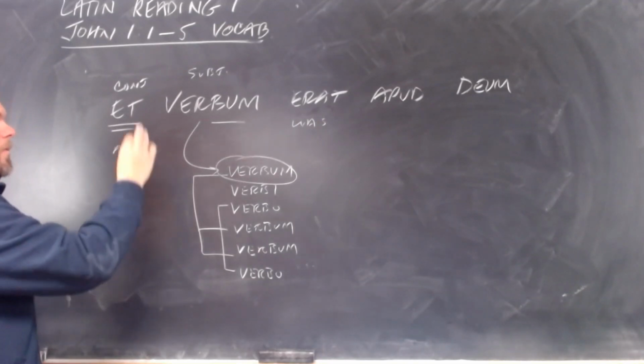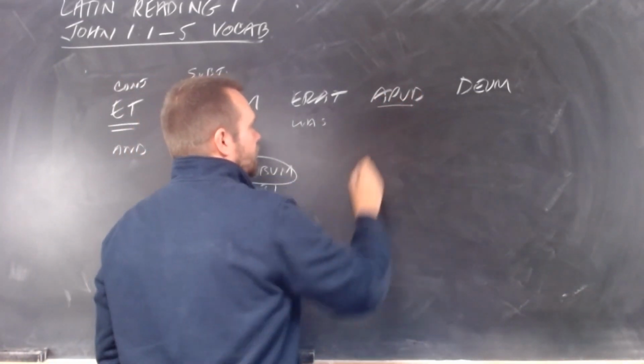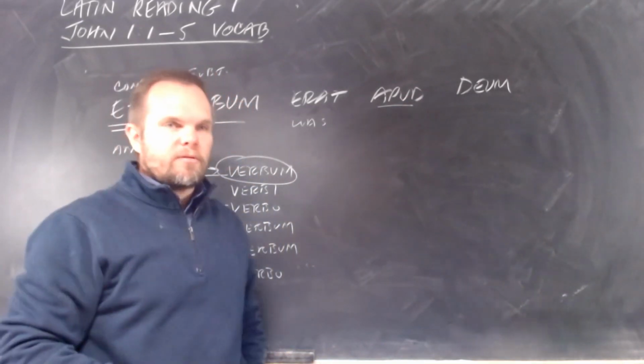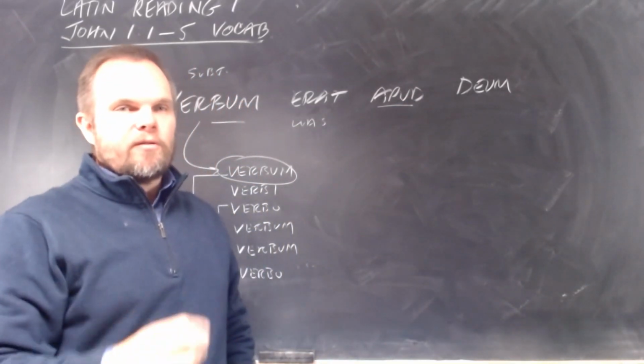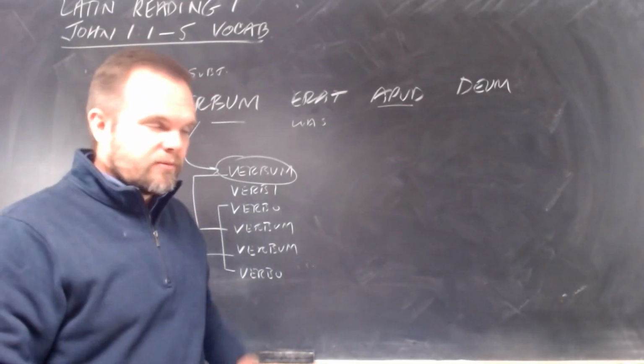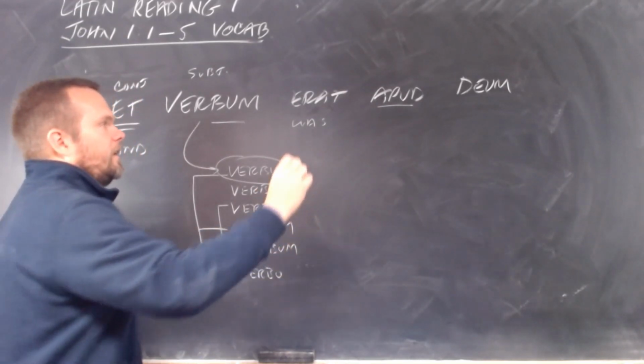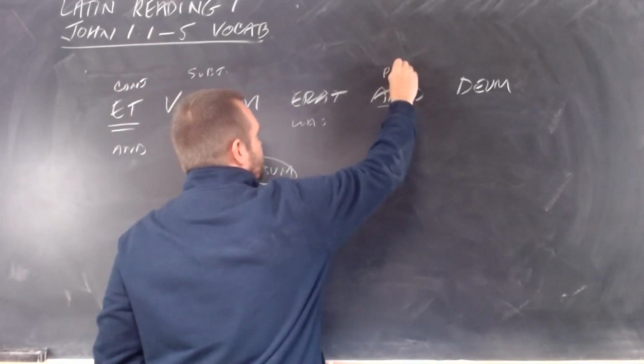The verbum was. What do we have here? Apud. What part of speech is apud? Does it have other forms? No. It's one of the last four parts of speech. It's a preposition. If you look it up in a dictionary, it will tell you that apud is a preposition.